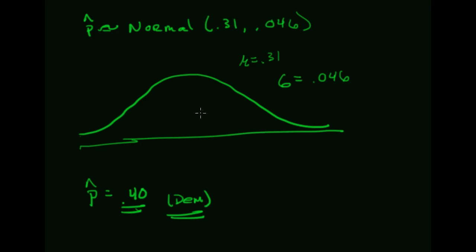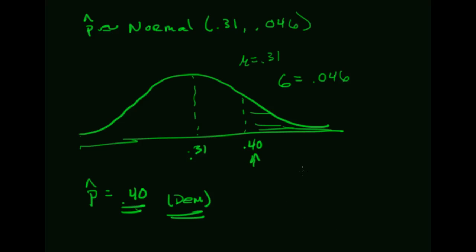Well, the sample proportion should be distributed normally with a mean of 0.31 and a standard deviation of 0.046. So here's my mean of 0.31, and here's my sample, which was 0.40. I want to know the probability of hitting a sample with 0.4 or higher.